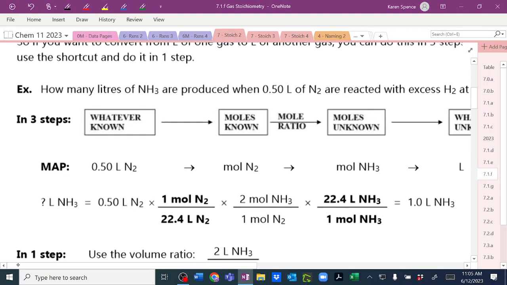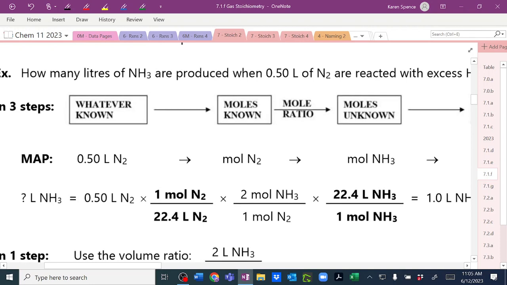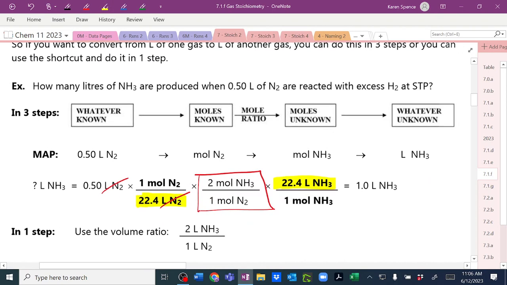So in step number 1, we put 22.4 liters on the bottom so that will cancel liters of N2. Okay, then we have our mole ratio, which is useful, right? But guess what we have next? We have 22.4 liters per mole. So we end up dividing by 22.4 and multiplying by 22.4, which gives us 1 liter of NH3.